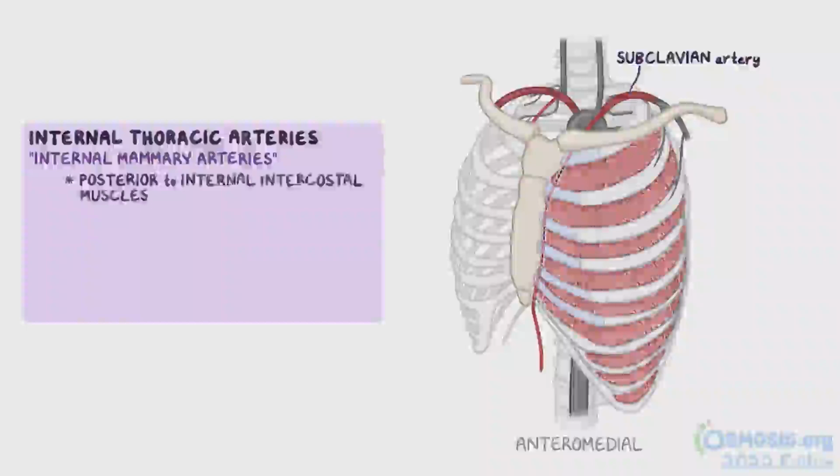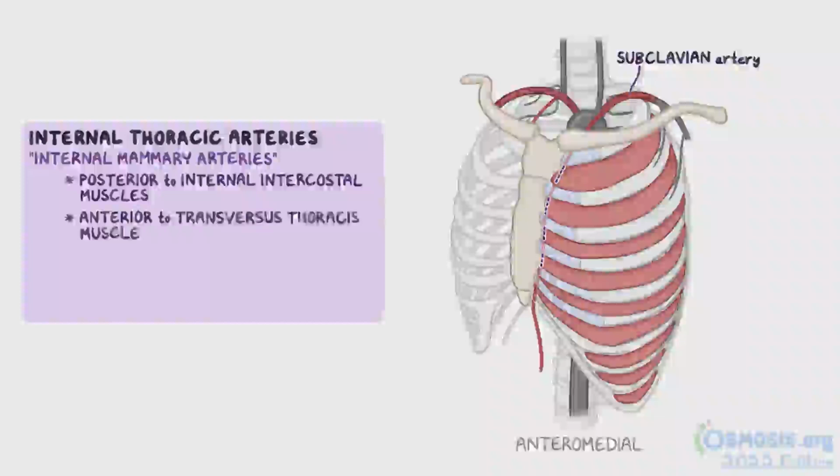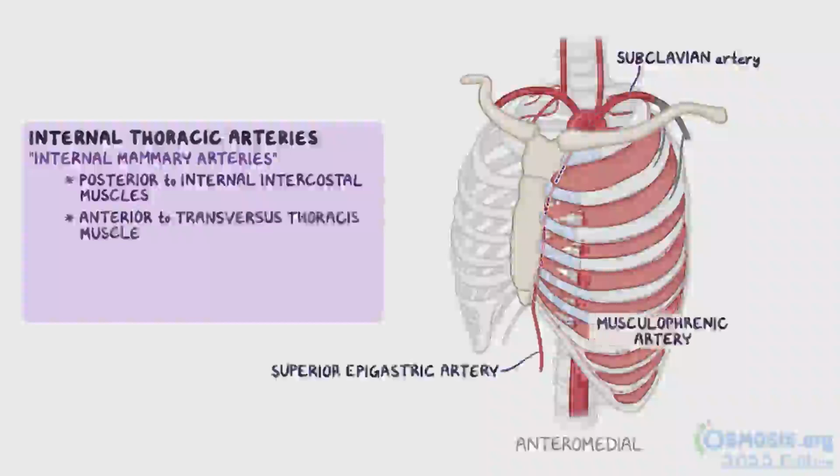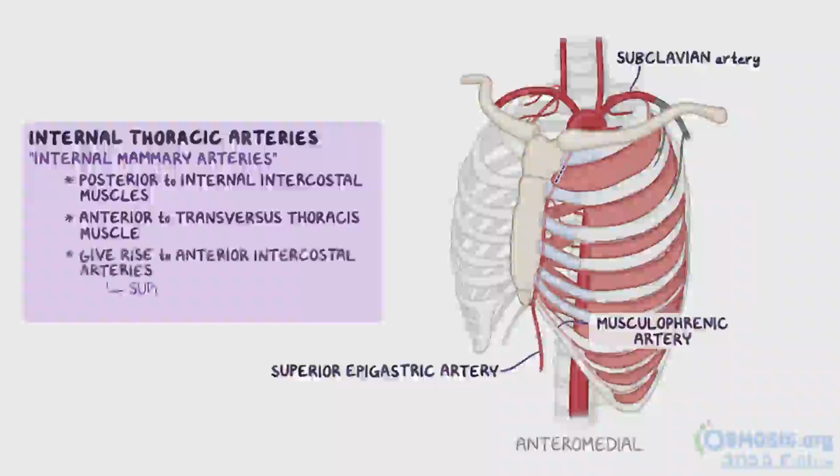After going down past the second costal cartilage, the internal thoracic arteries run anterior to the transversus thoracis muscle. They terminate in the 6th intercostal space by dividing into the superior epigastric and the musculophrenic arteries. They also directly give rise to the anterior intercostal arteries that supply the superior 6 intercostal spaces.